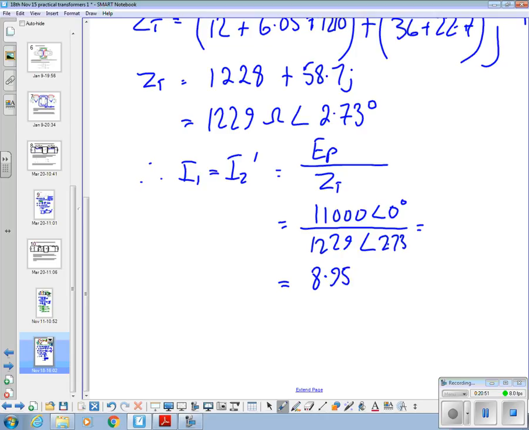We'll keep to 3 sig fig. Angle minus 2.73.